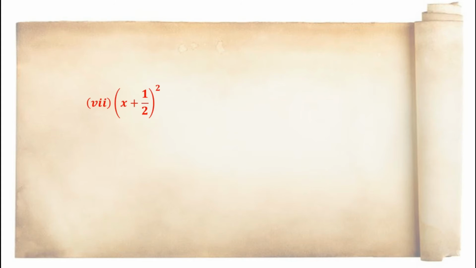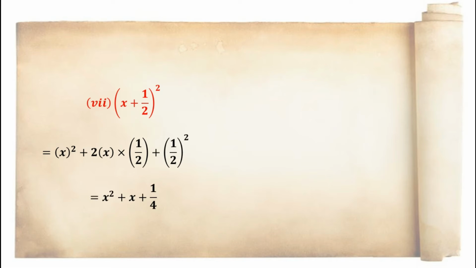Now the next question number 7 is here. (x plus 1 upon 2) raised to 2. Okay, so x raised to 2 plus 2 into bracket x into 1 upon 2 plus (1 upon 2) raised to 2. Okay, so here you will see that x raised to 2 plus x plus 1 upon 4.